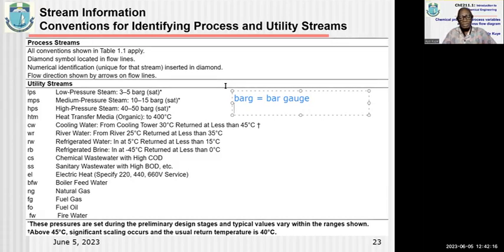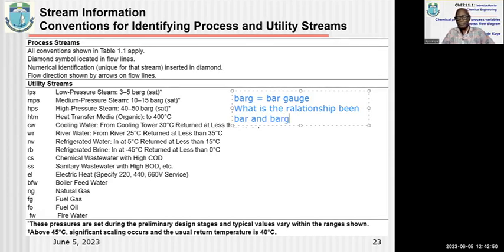So the assignment I'm going to give you is to tell me what the relationship is between bar and bar G. So that's the next assignment that you need to tell me.